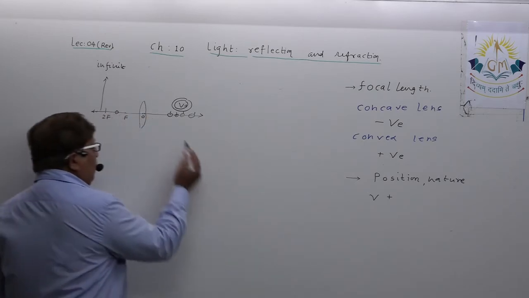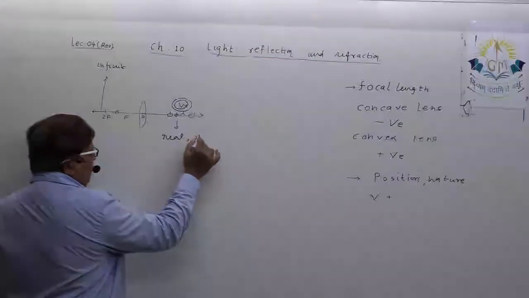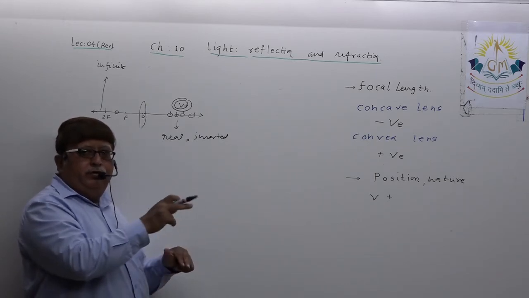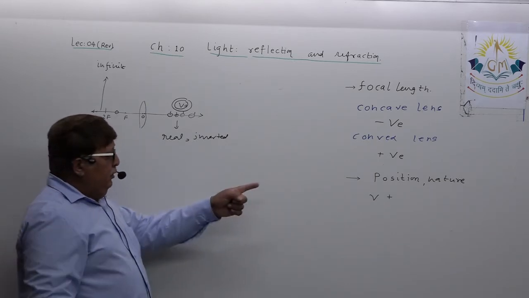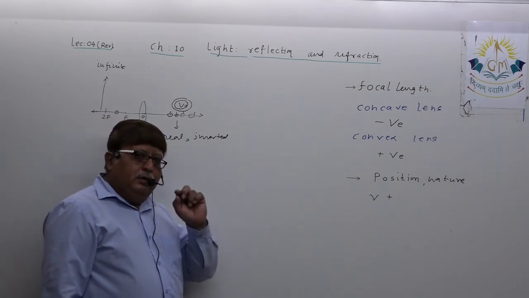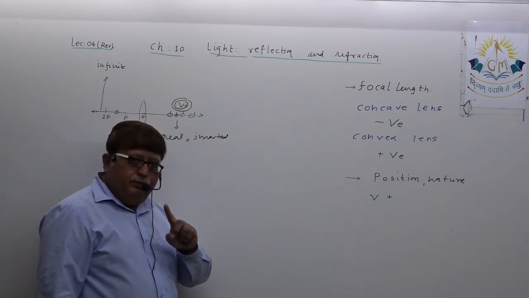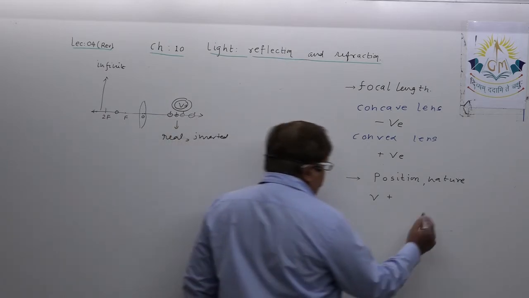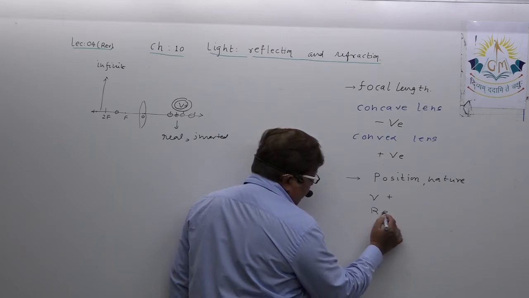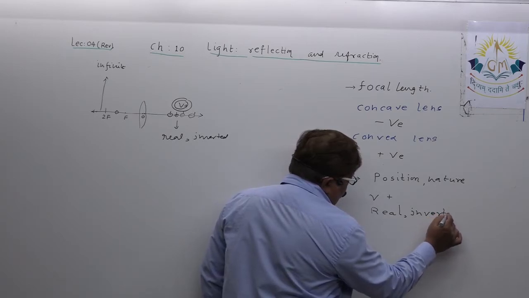Okay? And all these images, dear student, are real and inverted. See the contrast with the mirror. Understood? So whenever in lens V is positive, what can you guess about the image nature? Obviously real and inverted.